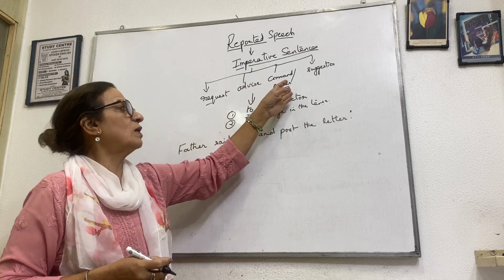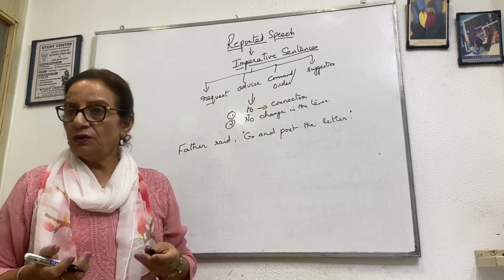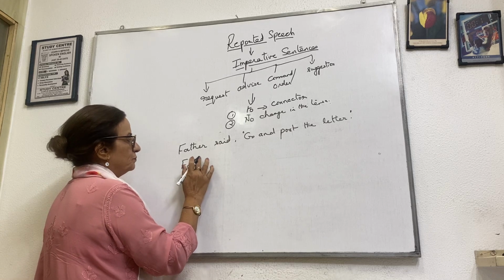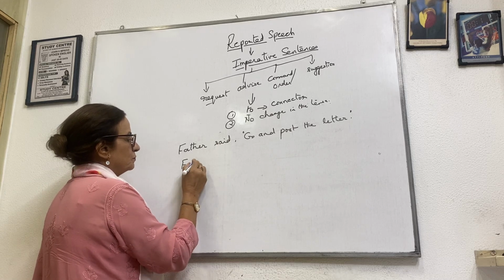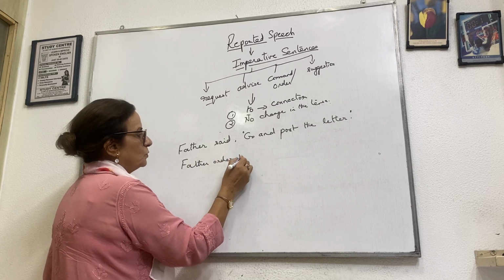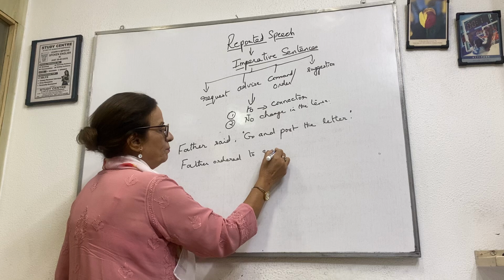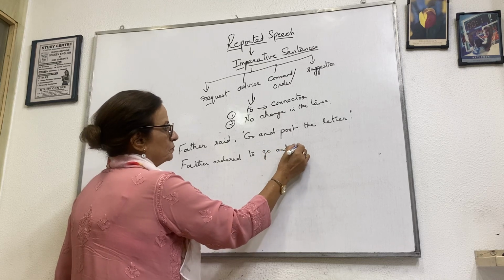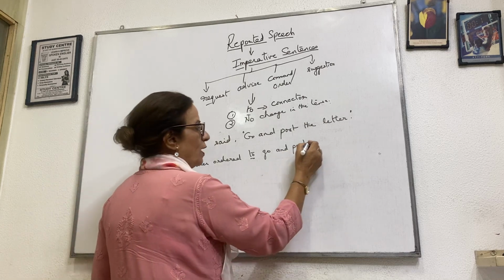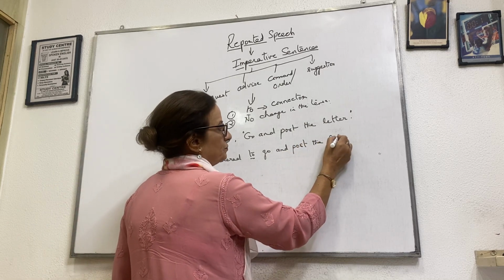Request, advice, command, order or suggestion? It is an order. So father ordered to go and post the letter. Put the connector "to" and write the sentence as it is. Go and post the letter.